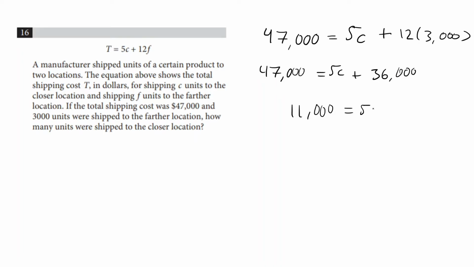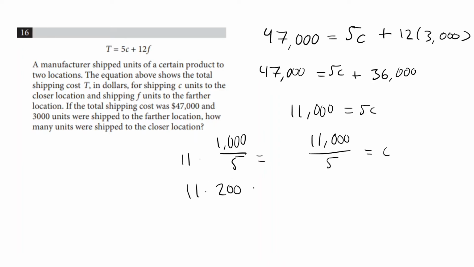11,000 is equal to 5C. Then we divide 11,000 by 5. Give us C. Alright. Okay. Oh, and you gotta show all your work. You gotta show all this, right? And 11 times 1K divided by 5 is equal to 11 times 200 is equal to 2,200 if I'm not mistaken.